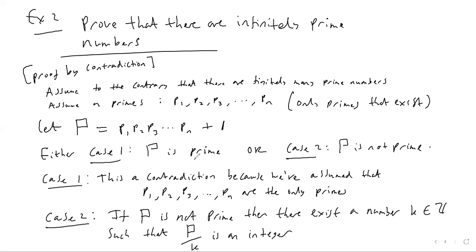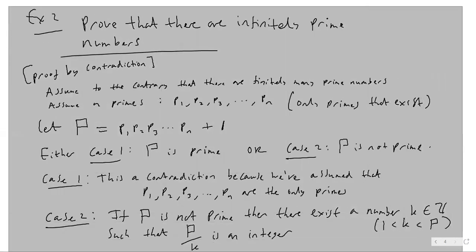So basically, there must exist a number K in the integers, and this K must be between 1 and P, trapped between 1 and capital P. So it's got to be a whole number such that the big P divided by this number gives us another whole number, because that's what it means for a number not to be a prime number.